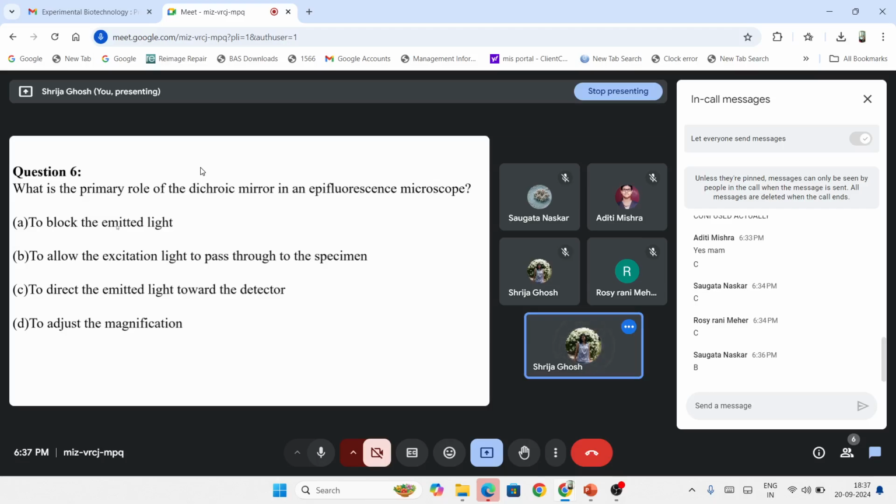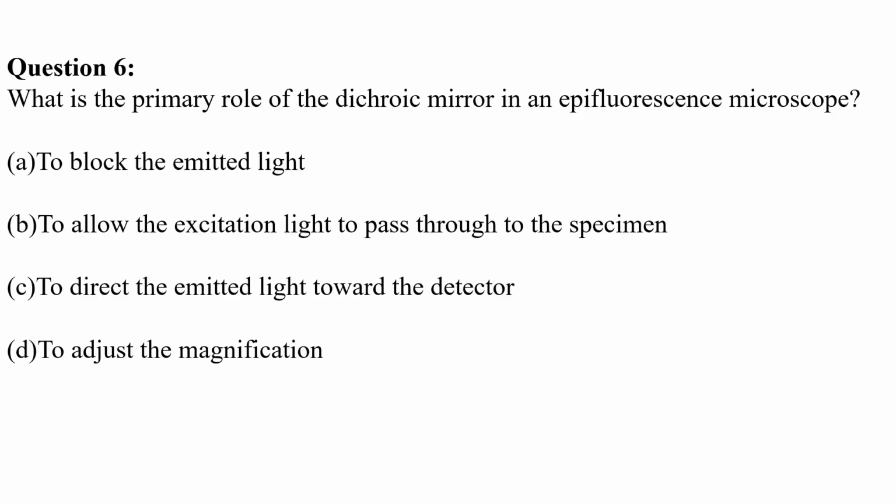Okay, so you are right actually. Option B is the correct answer. Dichroic mirror is added to the fluorescence microscope to allow the excitation light to pass through the specimen.